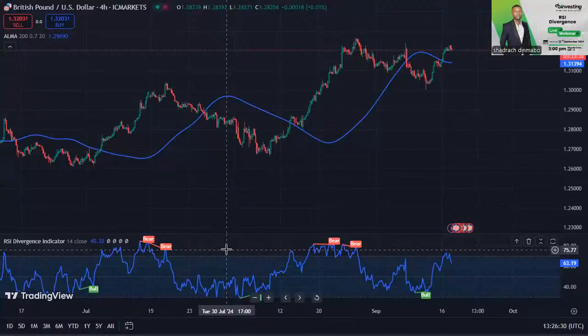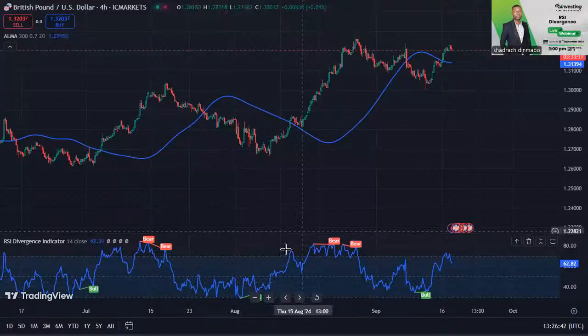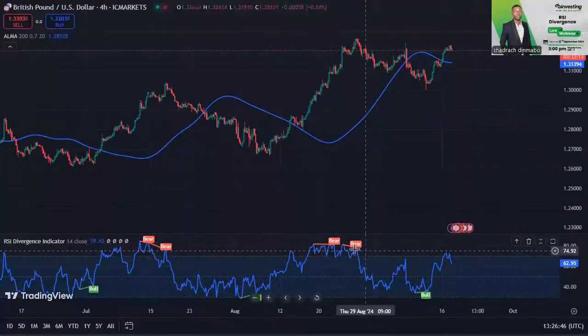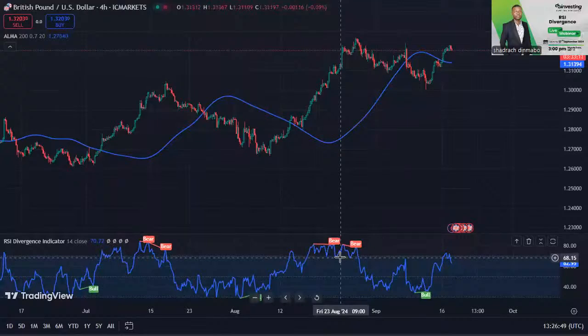Very simple, very easy to use. The essence of using the RSI divergence indicator is that you don't stress yourself trying to find the point of divergence. The indicator helps you to spot it out while you do your technicals.